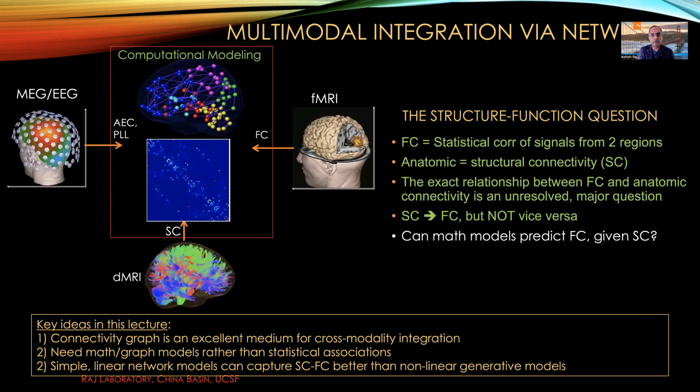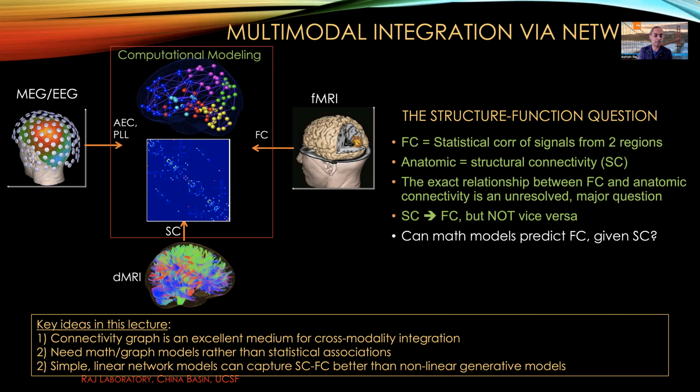I want to start today by noting the obvious fact that one of the best ways to integrate the multiple modalities in neuroimaging that we see, MEG, EEG, fMRI, and diffusion MRI, is via a network analysis. And in particular, an emergent aspect in recent literature has been, how do you go from structural to functional connectivity imposed by these multiple modalities?